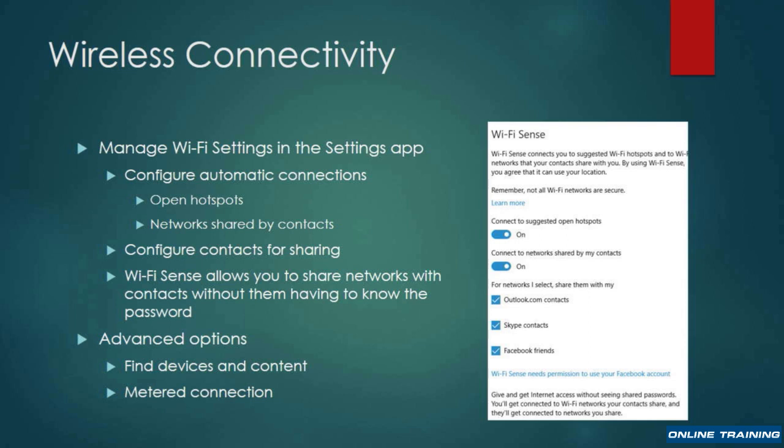The metered connection is if you're on a data connection, and you want to slow things down and control the amount of bandwidth that's being sent over that connection, then you can turn it on. So when you connect to particular wireless networks, you can turn on and off network discovery. You can turn on and off the metering, and then also you have the ability to share. So some new features, some new screens that you would not necessarily recognize because they weren't in previous versions.